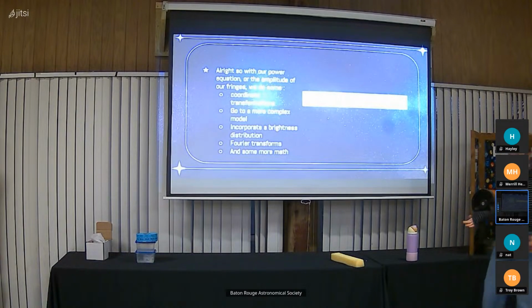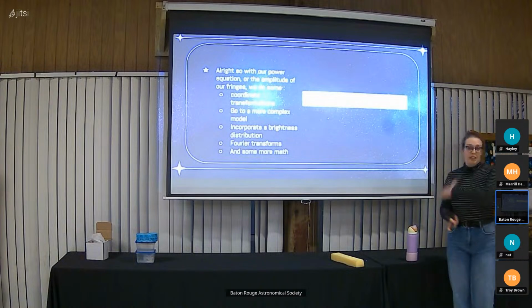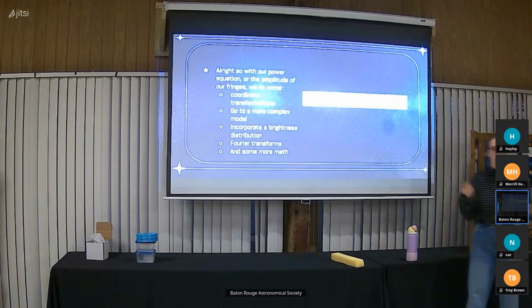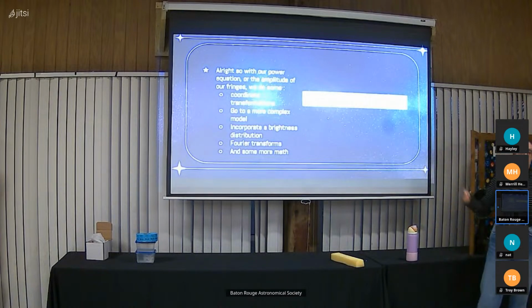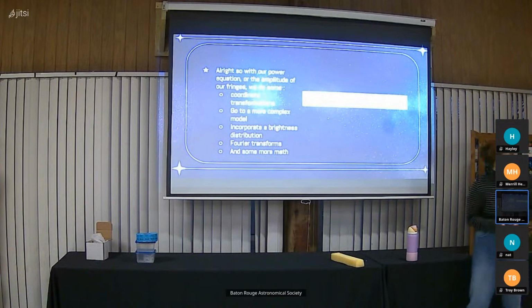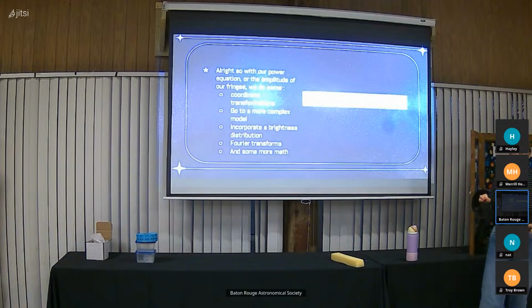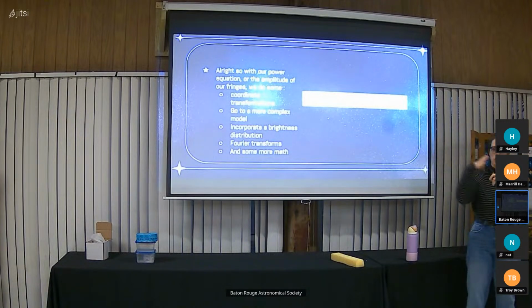You could also say it is a limb darkened disk, which means that the brightness all across the star is not uniform. So if you look at, let's see, you guys have plenty of pictures in here. I don't see the one I wanted to replicate up here. There's a picture of our sun where at the center it seems much brighter, and as you move out to the edge of the star, it gets darker.